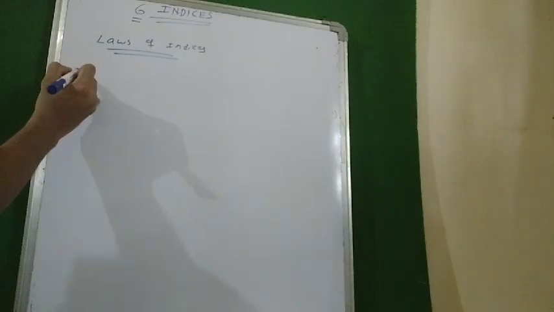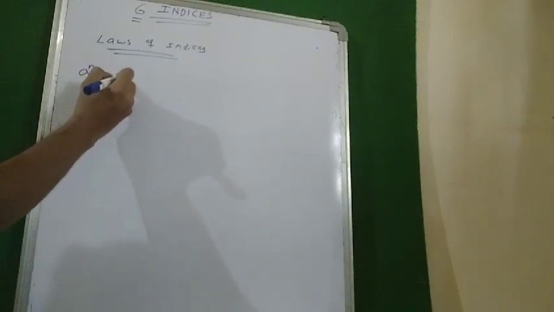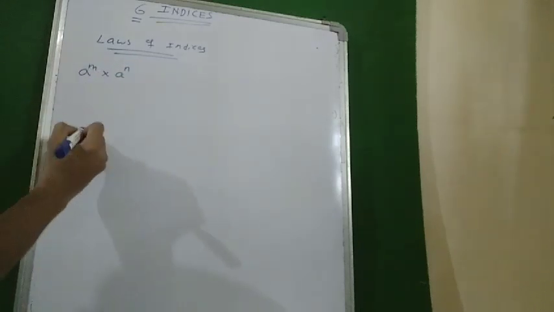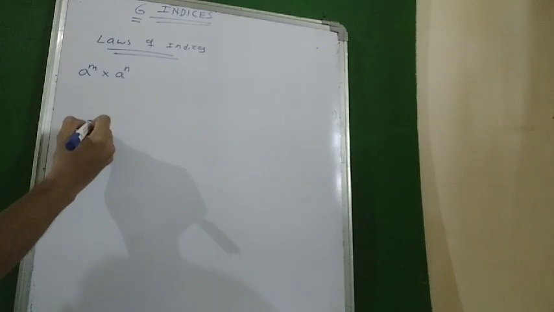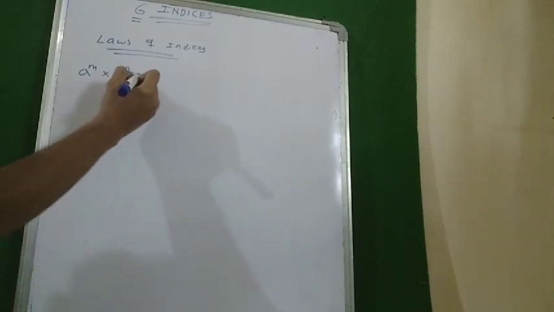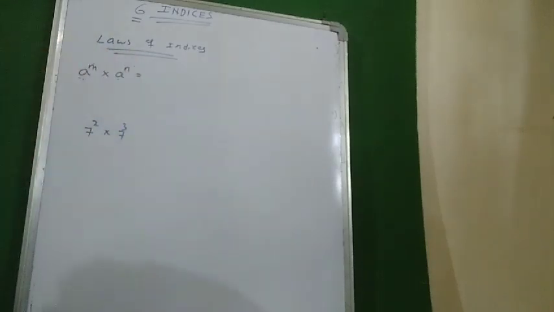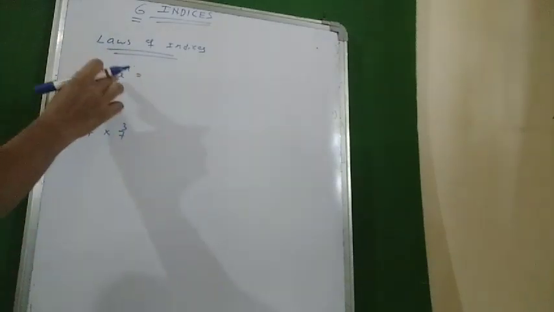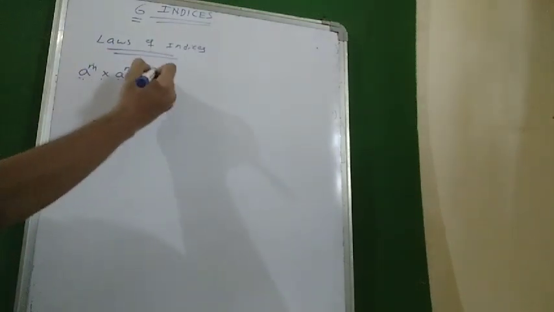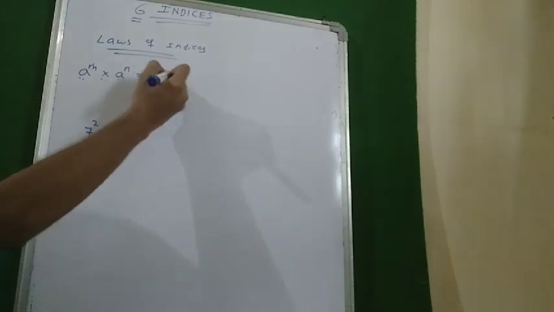For example, if we have a raised to m multiplied by a raised to n, we will relate this with an example. Suppose we have 7 raised to 2 multiplied by 7 raised to 3. Whenever we have two bases the same (this is called the base and this is called the index) and we have multiplication, we will add the indices.